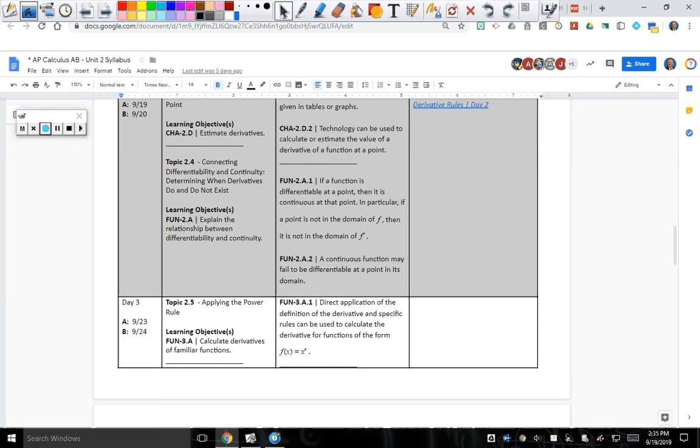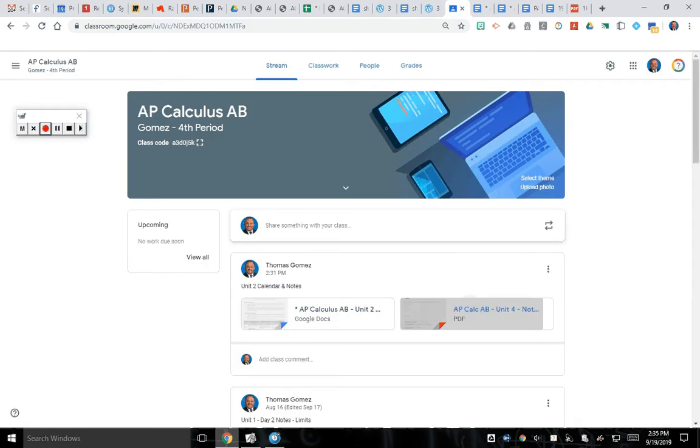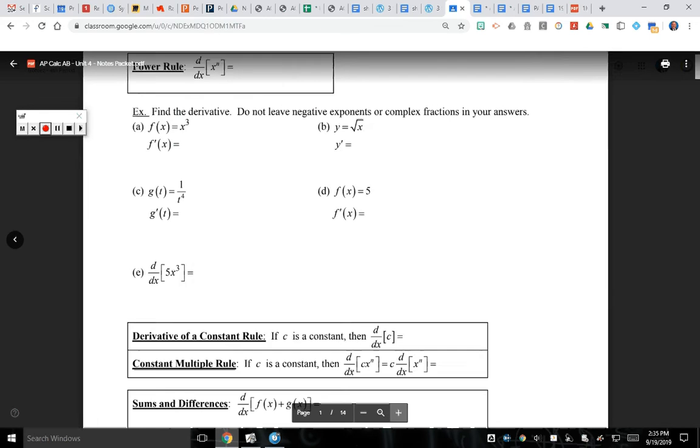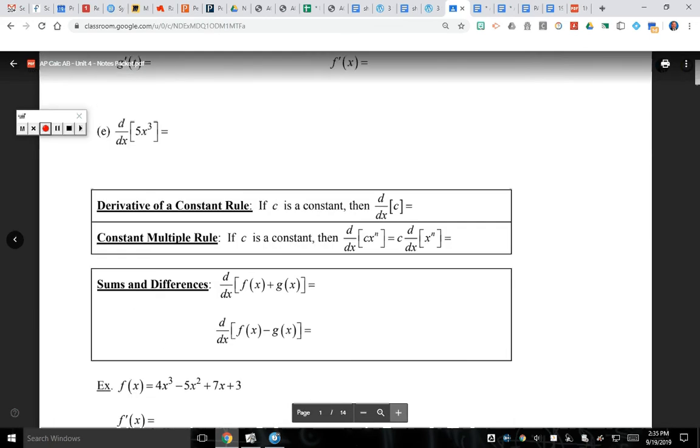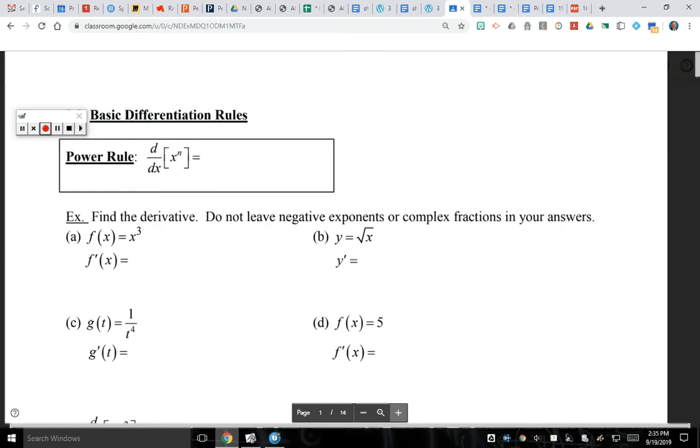So here we go. In that same post, let's go to Google Classroom. I want you to open up the notes PDF that I gave you. And we're going to go to where it says power rule. All right.